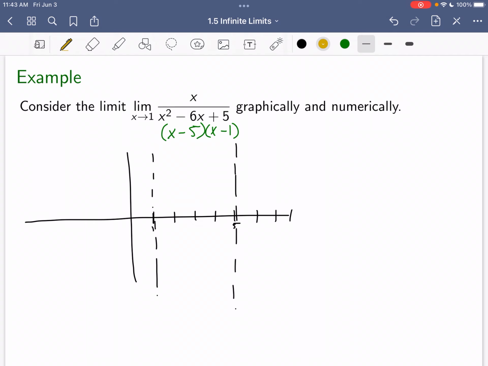If we were to draw this graph to the left of 1, we will have something that looks like this, maybe. Between 1 and 5, it's going to look something like this, and past 5, it's going to look like this.